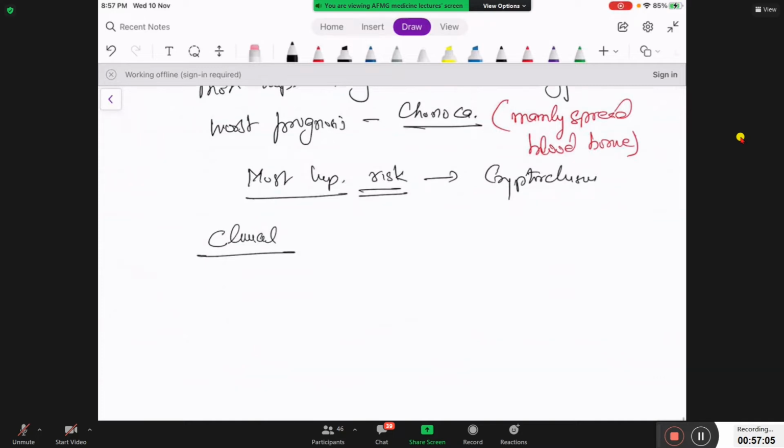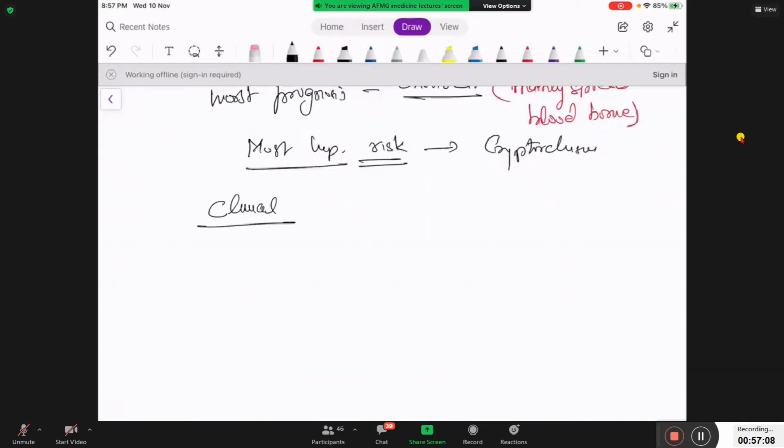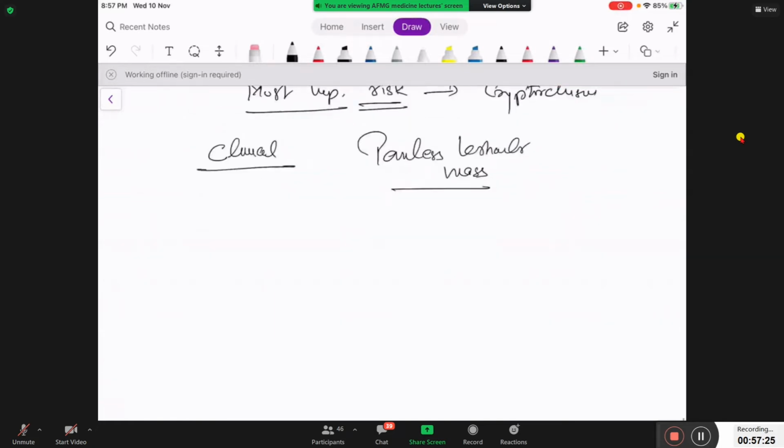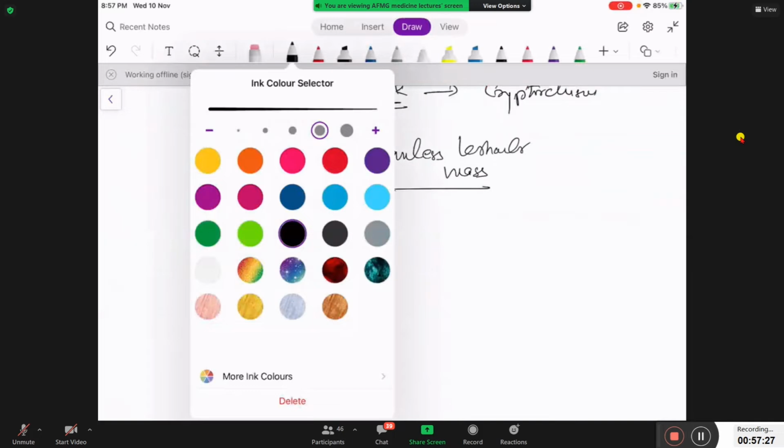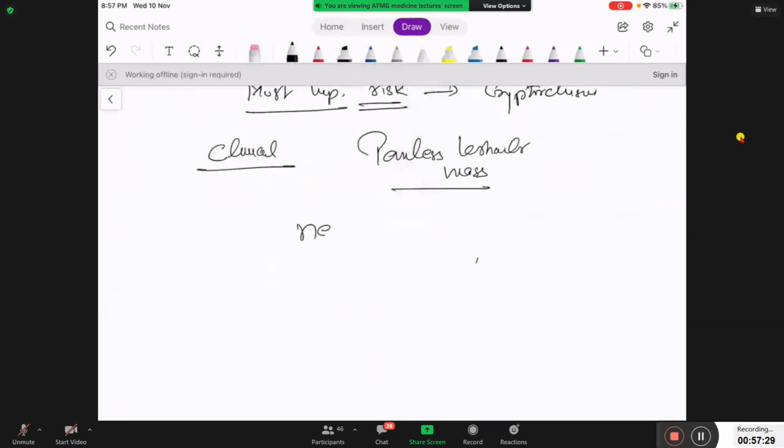Right now, the most common presentation of a testicular malignancy is a painless testicular mass. So the patient will come to you with a painless testicular mass. What will be your next step?